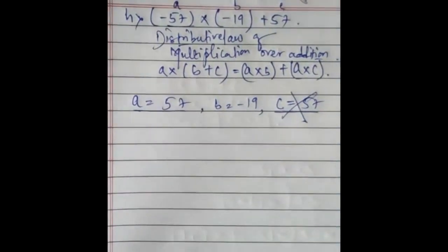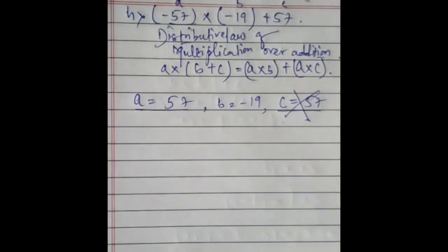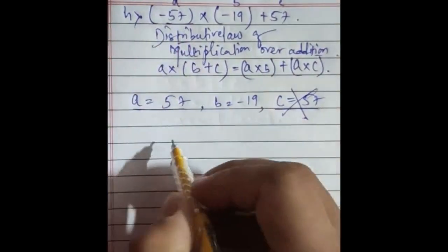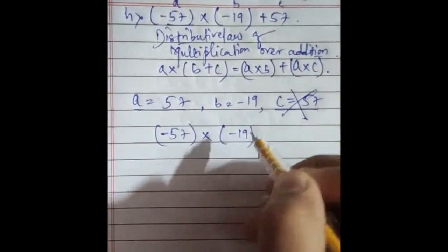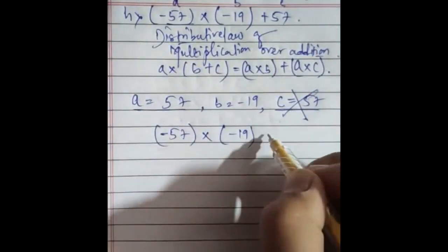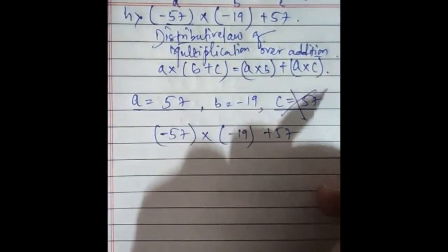So here is a trick. You have to use a certain trick to solve this. Let me write it in a clear way. This is your explanation. We are going to use the property of distributive multiplication over addition only.